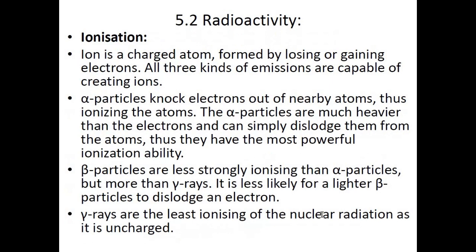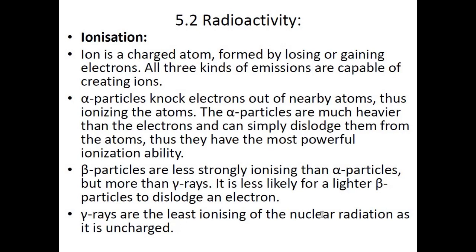Ionization power. Ion is a charged atom which is formed by losing or gaining electrons. All three types of radiation are capable of creating ions. Whenever these three types of radiation hit any atom or molecule, they ionize it. Alpha particle knocks electron out of nearby atoms, thus ionizing the atom. The alpha particles are much heavier than electrons and they can simply dislodge them from atom, thus they have the most ionizing power or potential.